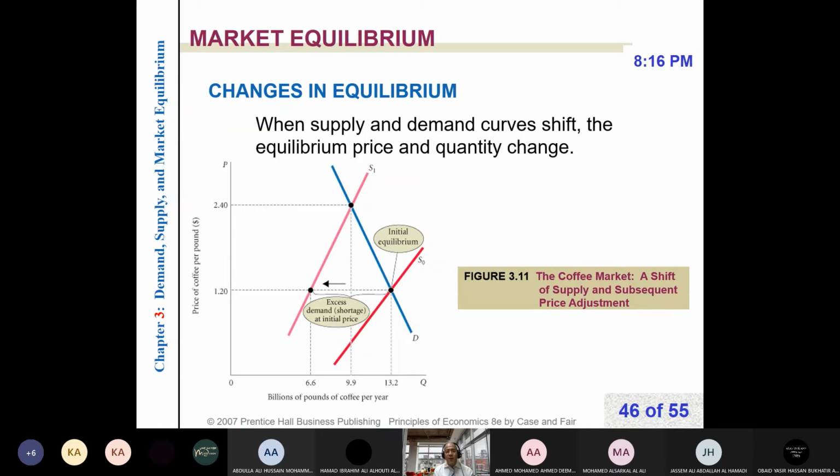Well done. Okay. Changes in equilibrium. Well done Hamad. Okay, go ahead. When supply and demand curves shift, the equilibrium price and quantity change. Well done, thank you very much.